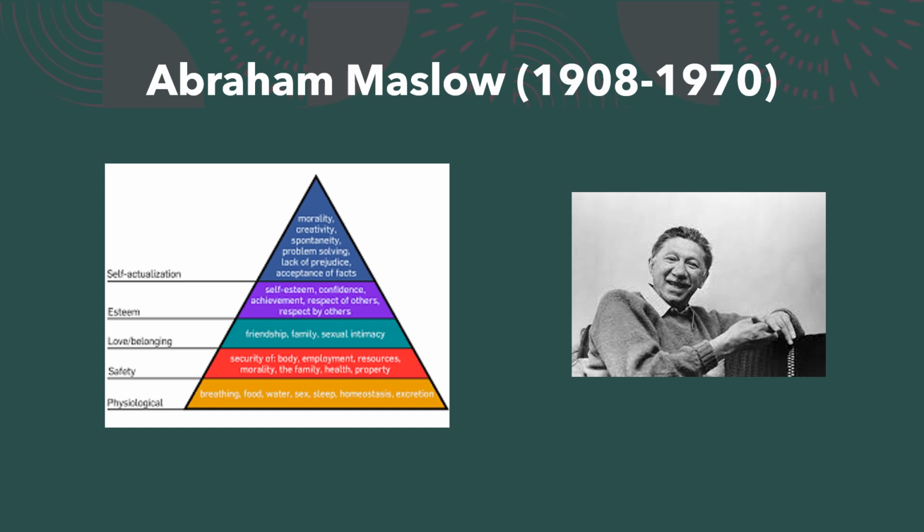So Maslow's view is that the higher in the hierarchy they are, the more the needs are distinctively human and not shared with animals. So self-actualization, esteem, love and belonging have elements in the way they're expressed by humans that don't have a counterpart in other species.